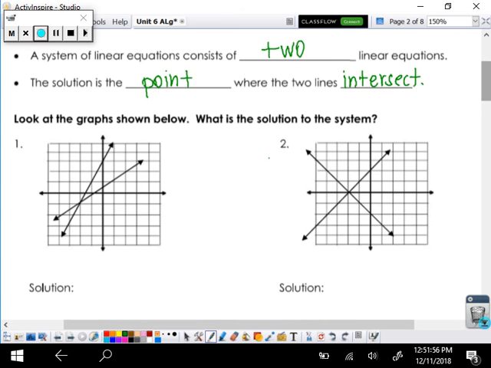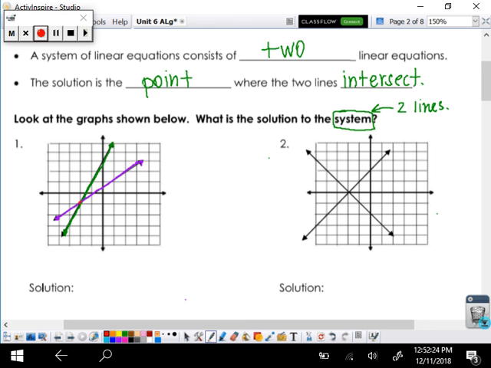So let's look at some examples. Look at the graph shown below. What is the solution to the system? Okay, so system just means two equations, two lines. Where do they intersect? So let's see. I'm going to have this green one, my first line, purple, my second line.